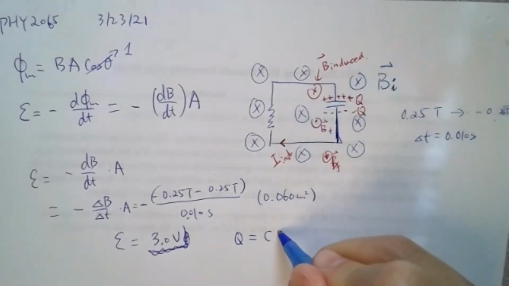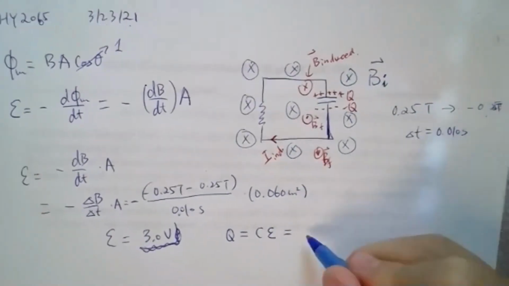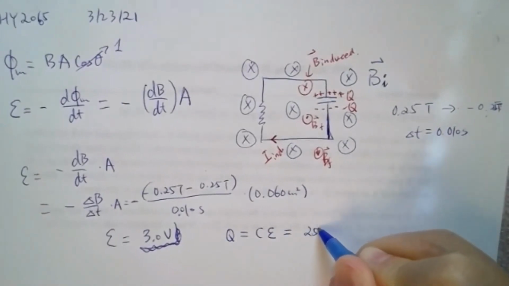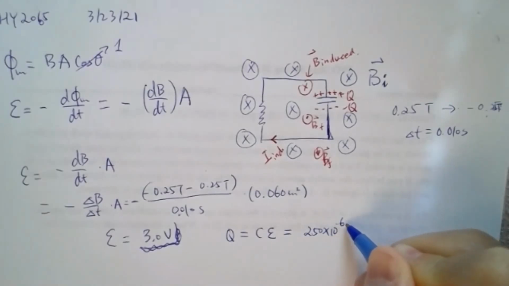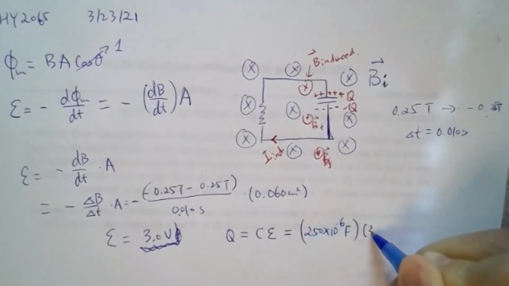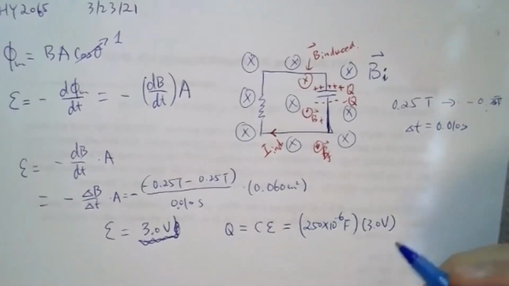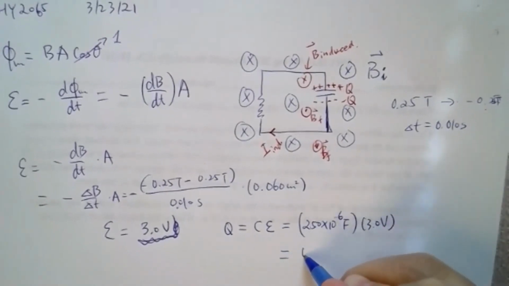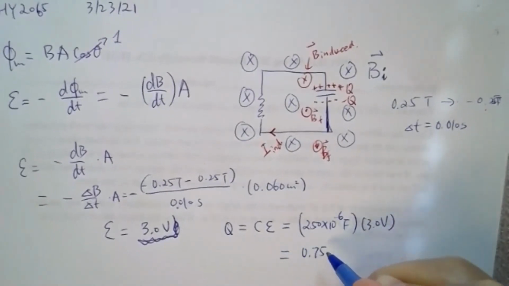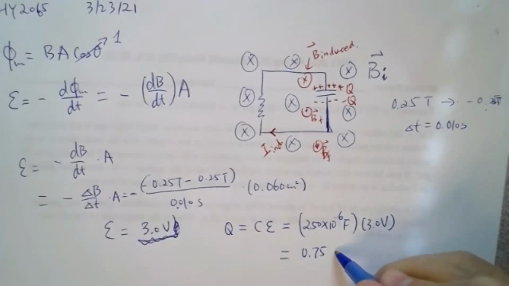C is given as 250 times 10 to the minus 6 farad, times 3.0 volts. That gives you 0.75 times 10 to the minus 3 coulomb.